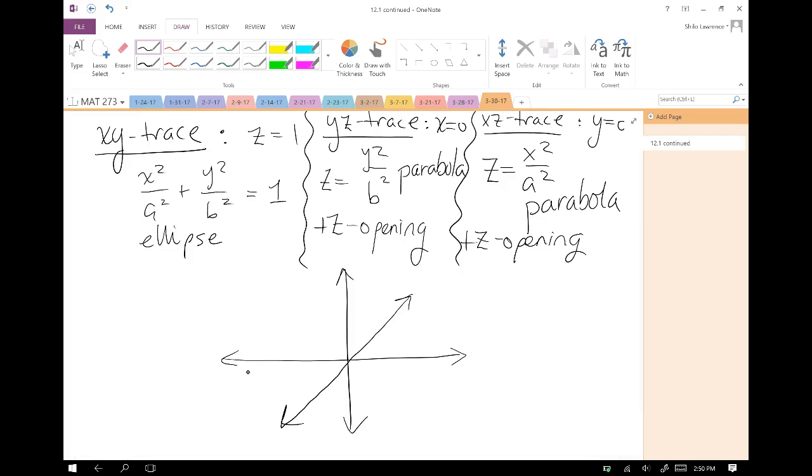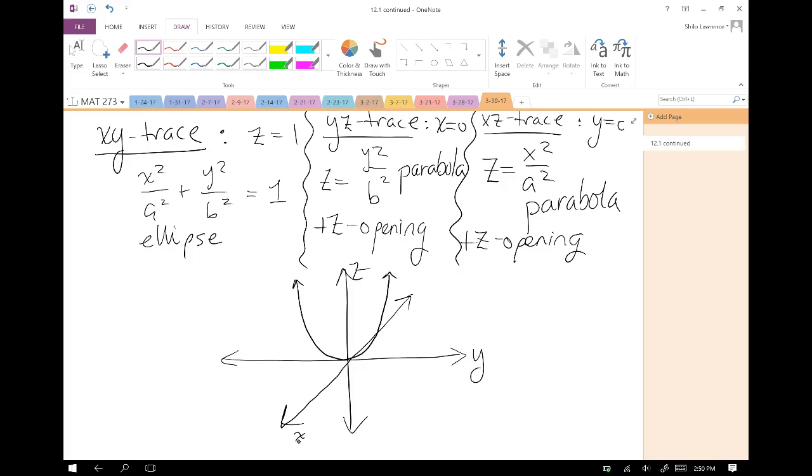So my YZ trace, that is what we're facing on the board. We've got a parabola opening in the positive Z direction. The XZ trace is also a vertically oriented plane, like the YZ plane, except it's turned 90 degrees.